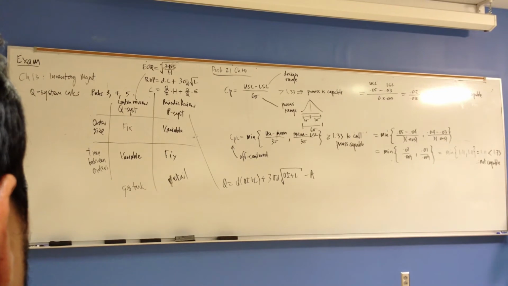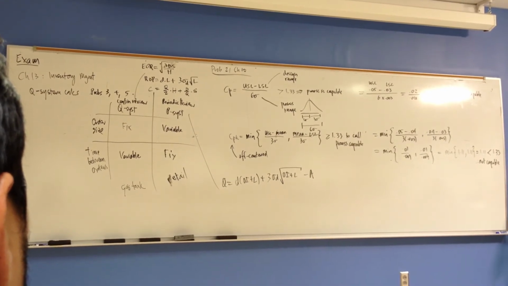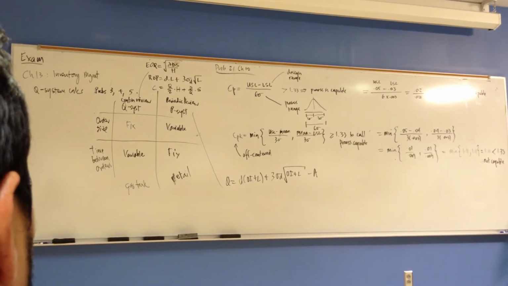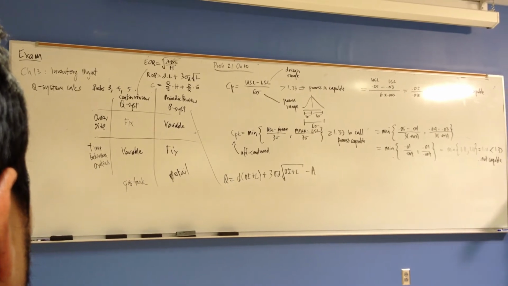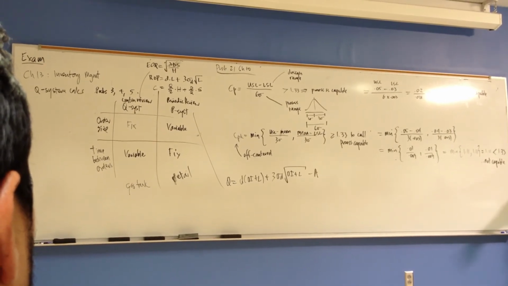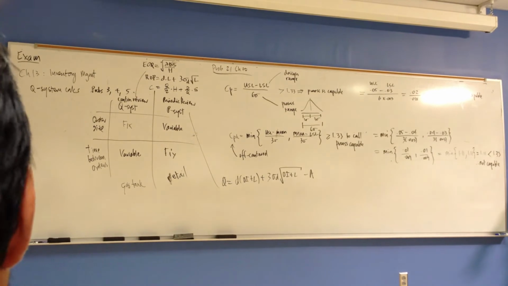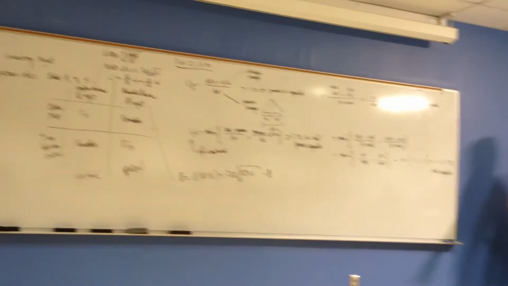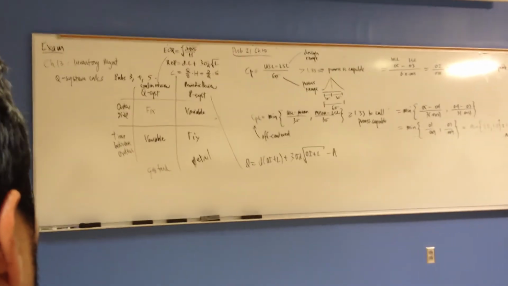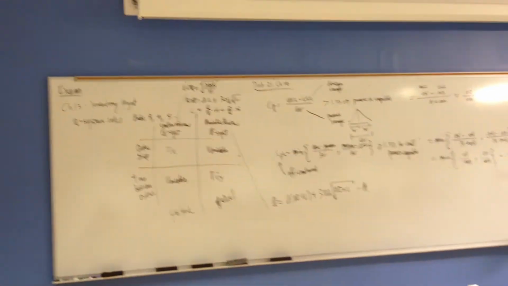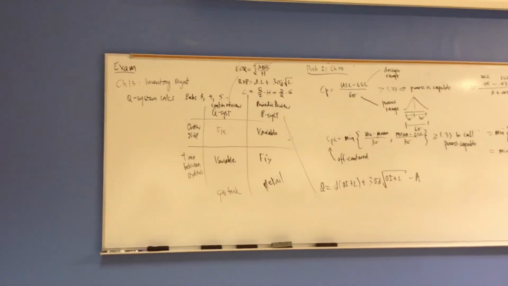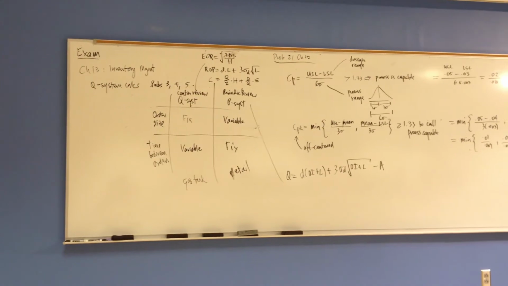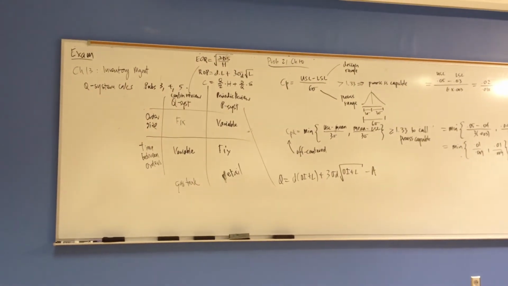Did anybody have any issues with any of them? Did we do 9? No. Did anybody do 9? All right, let's take 8. Oh, we did 8 already. We did 8 the other night. Thank you, by the way. 7? Did anybody do 7?